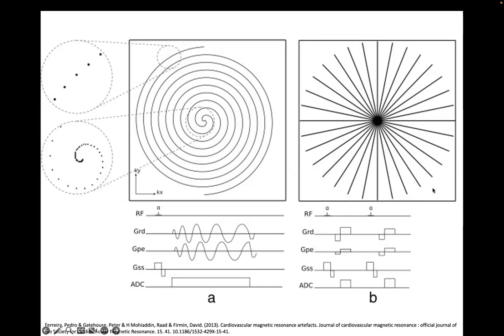This obviously looks a heck of a lot like CT, right? And in fact, it is. And this was probably the first way magnetic resonance imaging was done, with this type of trajectory, and then using existing CT reconstruction algorithms to reconstruct this.